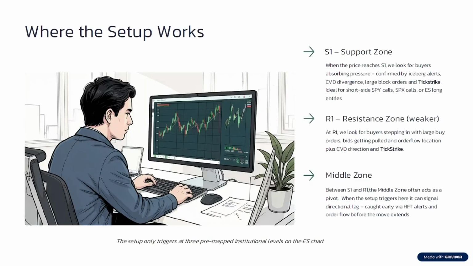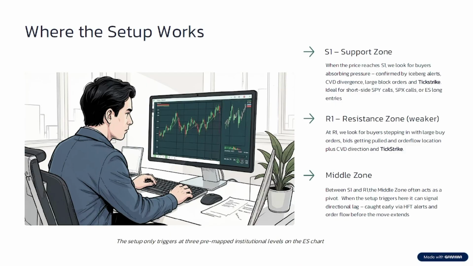Where the setup works. Again, we must be in one of the 3 zones, as the setup only triggers at 3 pre-mapped institutional levels on the ES chart. The S1 support zone. When price reaches S1, we look for buyers absorbing pressure confirmed by iceberg alerts, CVD divergence, large block orders, and Tick Strike.